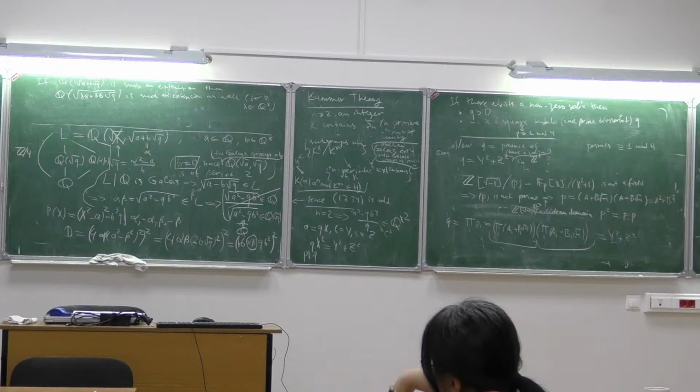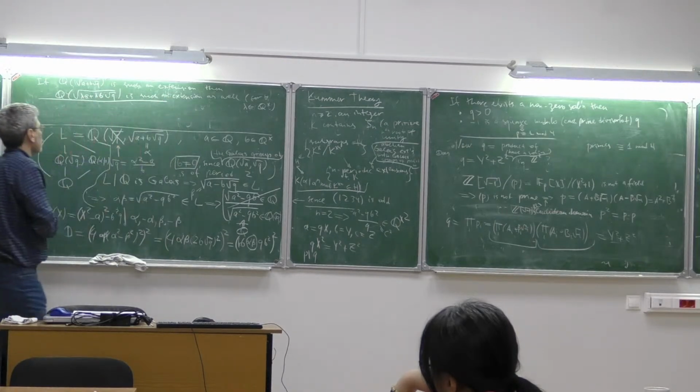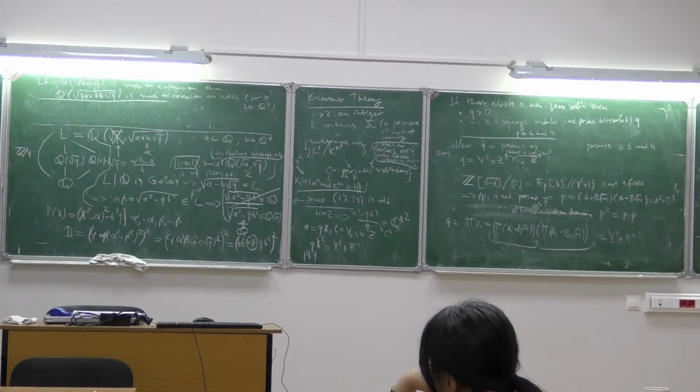Are you sure? But maybe it can happen, for instance, that B is not equal to 0. Wait, let me give you an example why it is not completely trivial. Consider when Q is, for instance, 2.